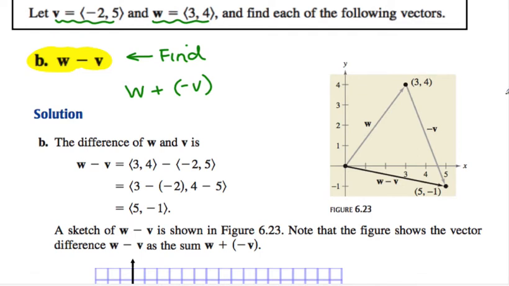So again, you start off with your vector w, which in component form is 3, 4. So right 3, 1, 2, 3, and up 4, heading from that initial point of 0, 0, the origin. And then I have vector v, which was -2, 5.